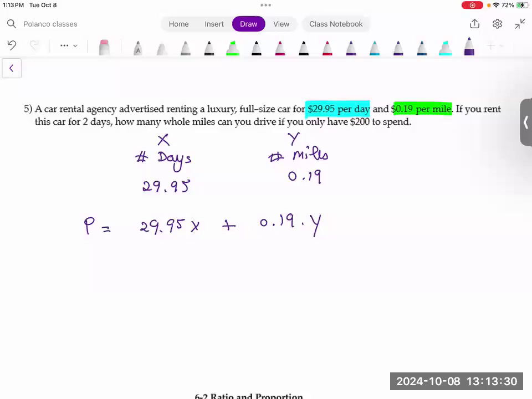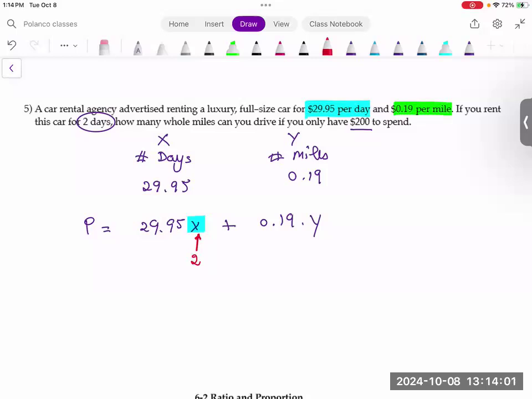So now you don't really need to know the equation since they told you 2 days and you are spending $200. So 2 days, which one is gonna be the 2 days? The X, right? So this one is gonna be 2. $59.90, what do you mean?